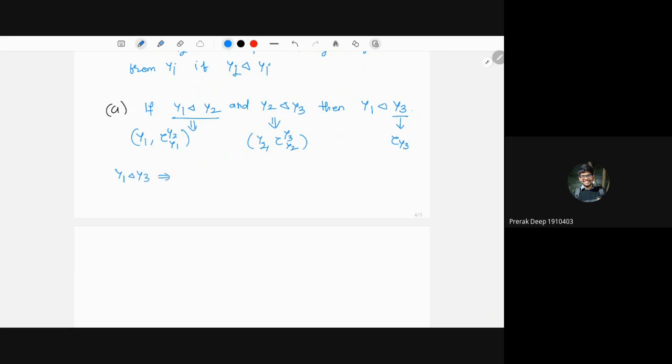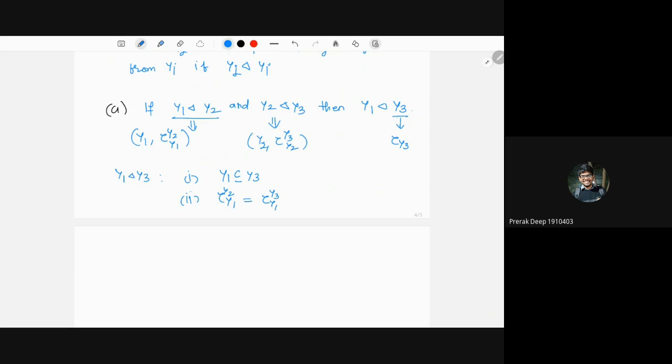In order to prove this, you need to first show that Y1 is a subset of Y3, and second, that the topology on Y1, which is the subspace topology induced from Y2, is equal to the subspace topology induced from Y3. This you need to show.